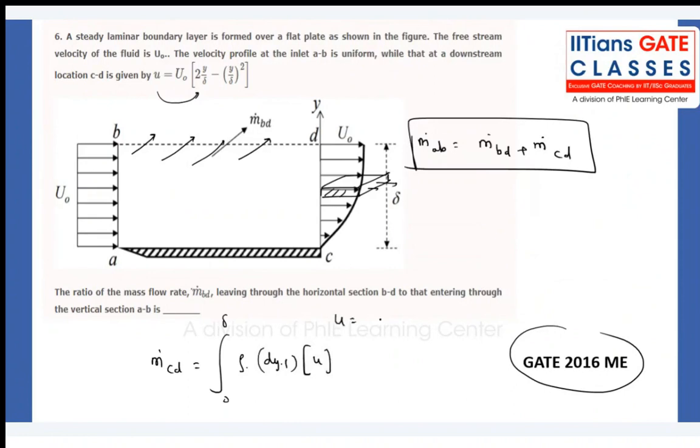And what is the u value? 2 into y by delta minus y by delta whole square, into u naught. Once you are able to do the integration, you keep it, and you know the mass flow rate through section AB, that is rho into u naught into delta into 1.